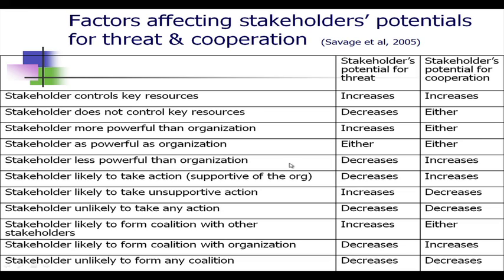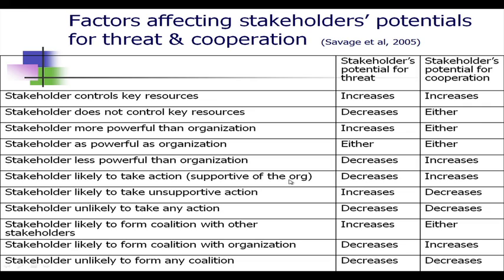Then, the stakeholder is as powerful as the organization. They might or might not be in a position to threaten you, and they might or might not be willing to cooperate with you, so it could go either way.